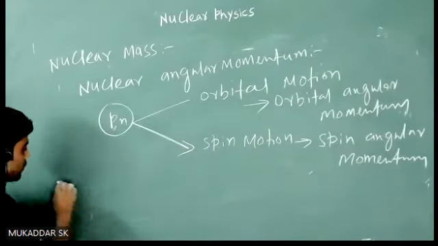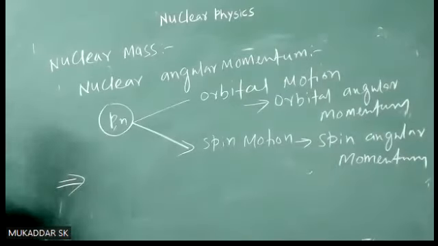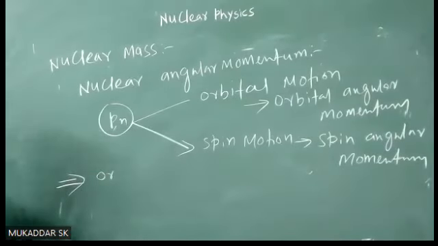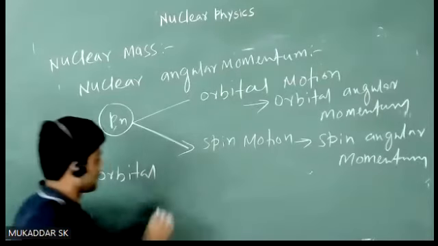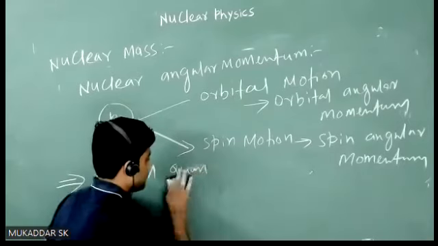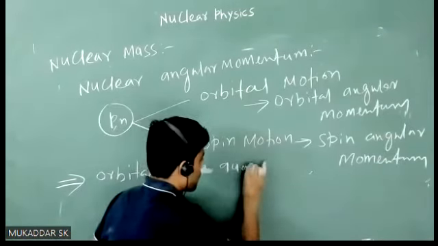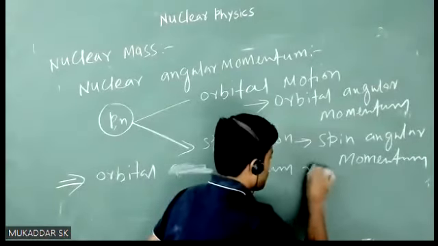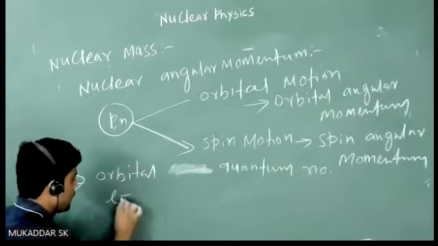Orbital angular momentum, or orbital motion, is characterized by the orbital quantum number, denoted by small l.